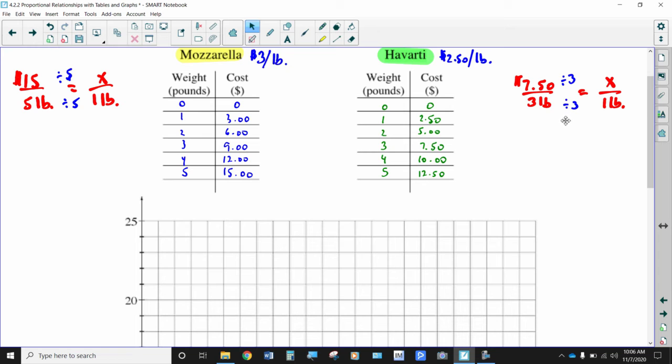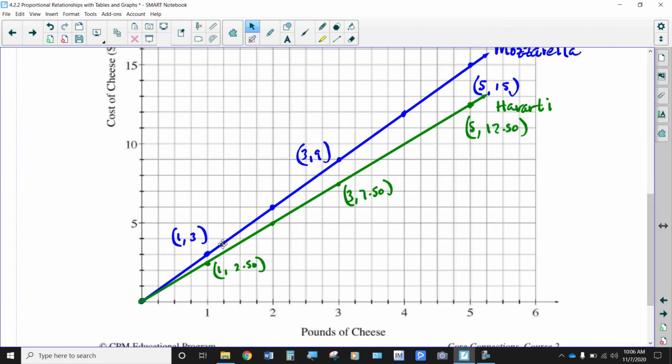But let's just focus on the gallons themselves. If you buy a gallon of milk, you can either buy 1, 2, 3, or 4, but you can't buy 1.74 gallons of milk at the grocery store. So in that case, you wouldn't want to connect the dots because none of these points in between would even be valid.